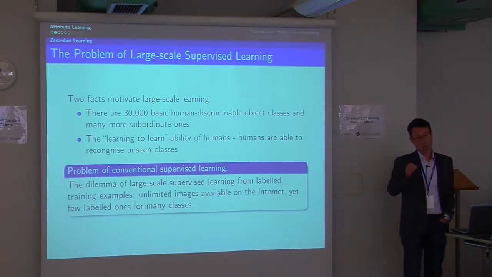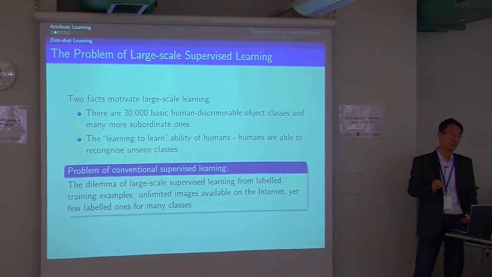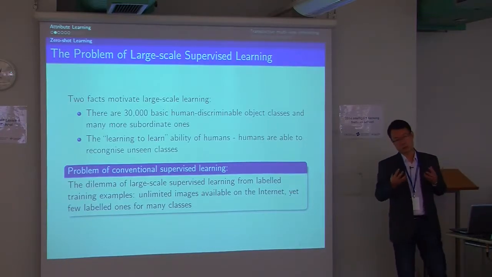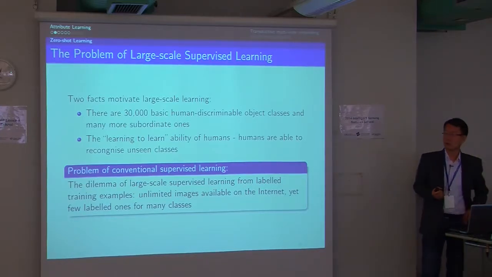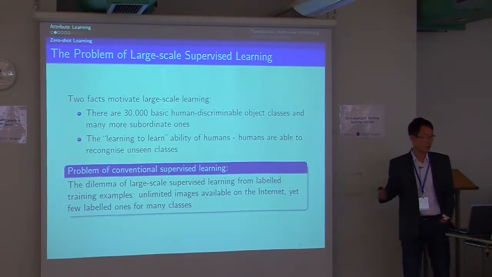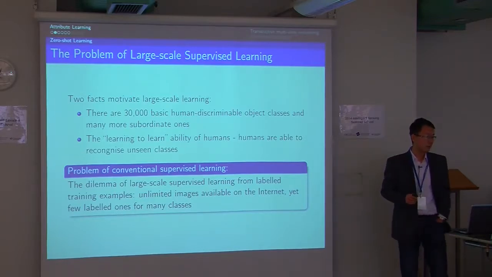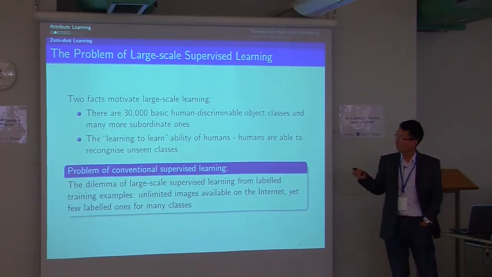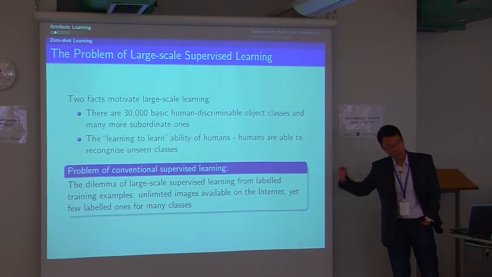So they can actually recognize an object category without seeing any example. This means some general knowledge about what objects look like, or what they typically should have, has been condensed into knowledge which can be used to recognize new categories. So that's the motivation for us to do large-scale learning.